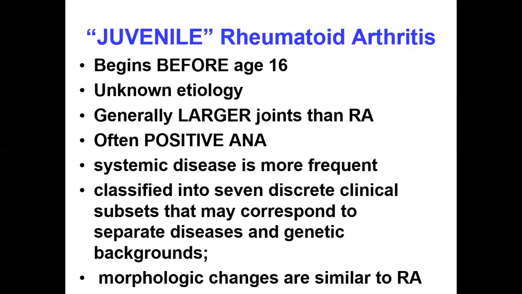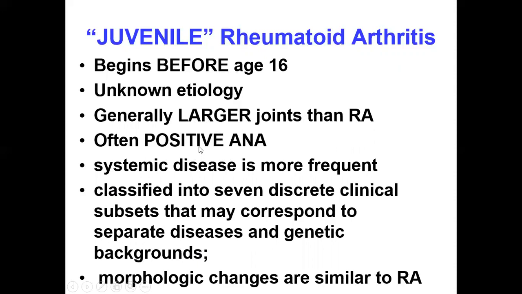Then there is juvenile rheumatoid arthritis. As the name indicates, the affected patients are young, that is, before age 16. Etiology is unknown and generally larger joints are involved as compared to adult rheumatoid arthritis.